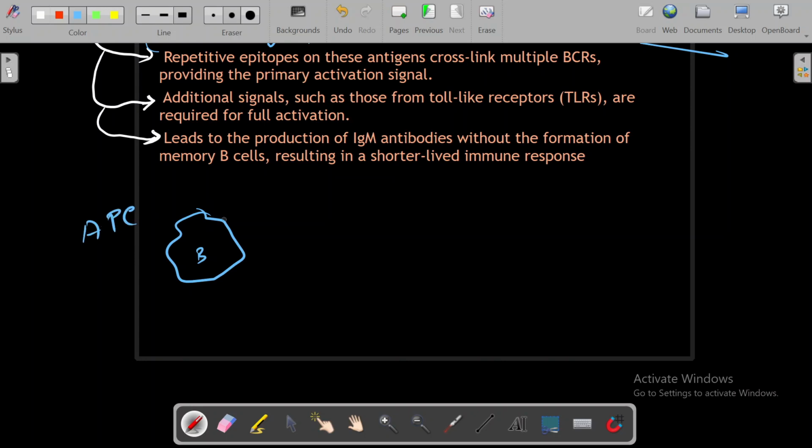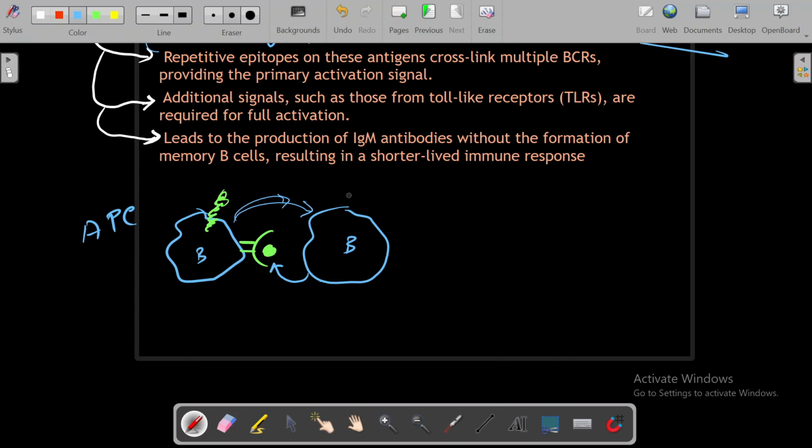So what the B cell does is, the B cell will engulf a pathogen, then it will show the pathogen particle on its surface. Then here another B cell will get activated by this pathogen. So here mainly a B cell helps to activate another B cell.